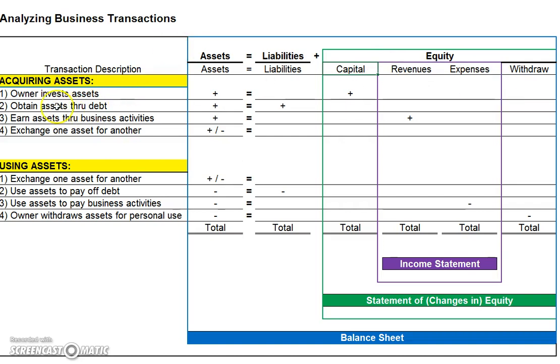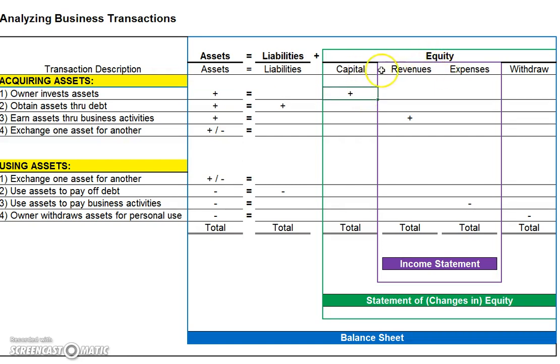All right, in the first example of acquiring an asset, the owner invests the asset. How we're going to record when an owner just gives the assets into the business is we're going to add to whatever asset the owner gave, asset or assets, could be plural, and then we're also going to add to equity.